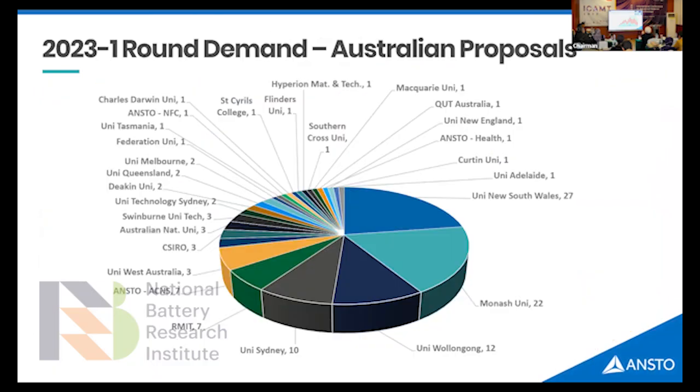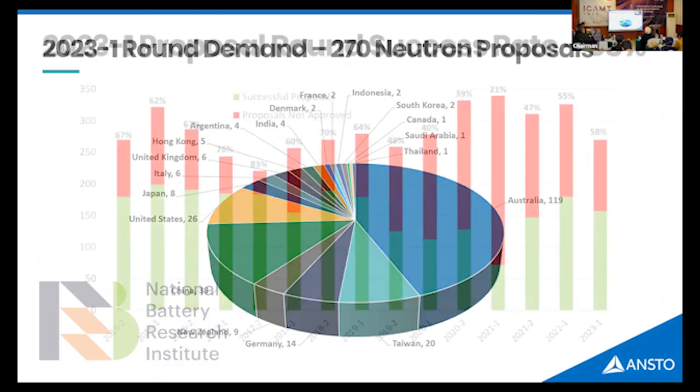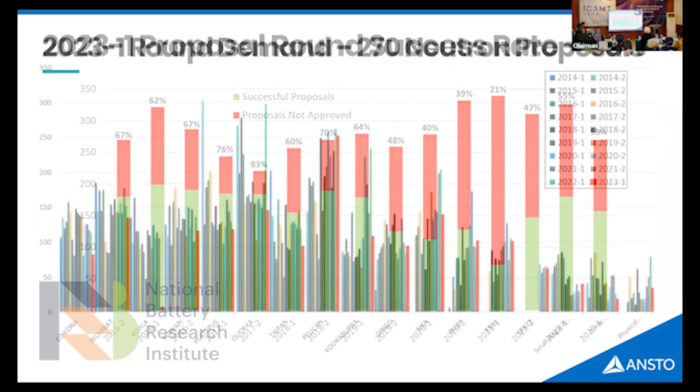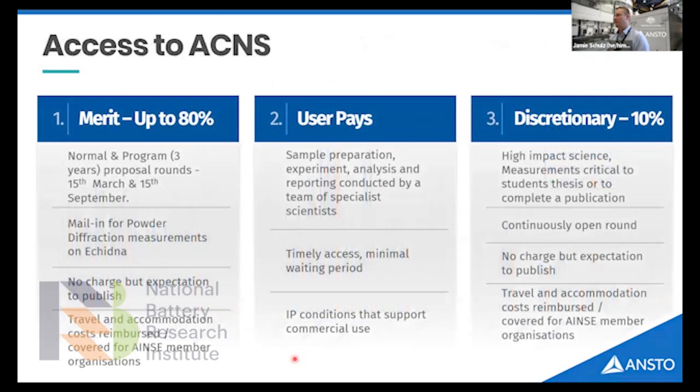Okay, so they should make a proposal. Yes, that is competitive. We run user rounds twice per year, with beam time deadlines on the 15th of March and 15th of September.